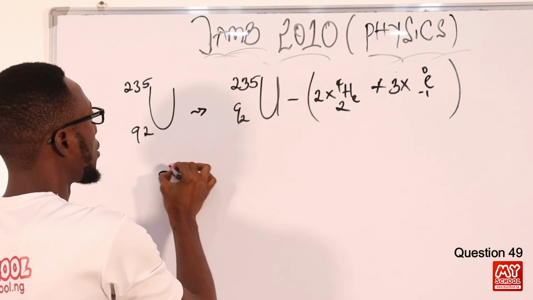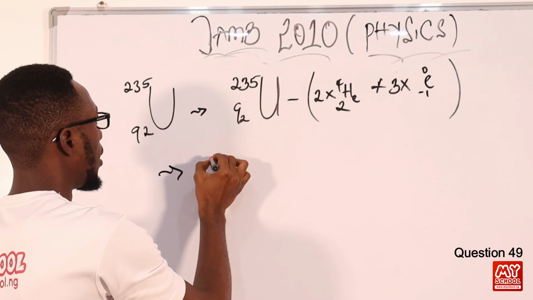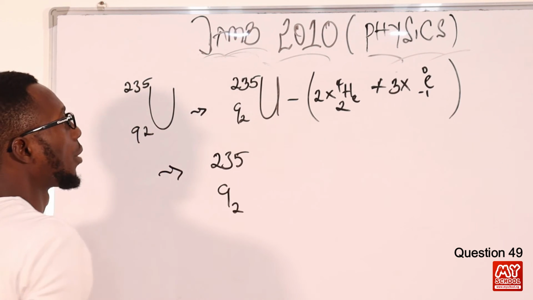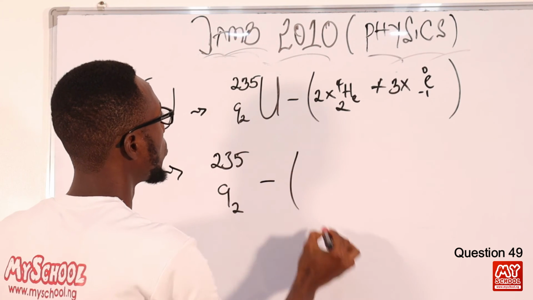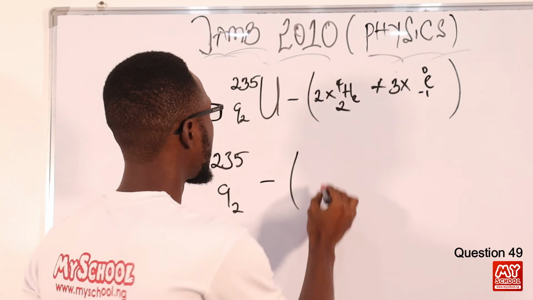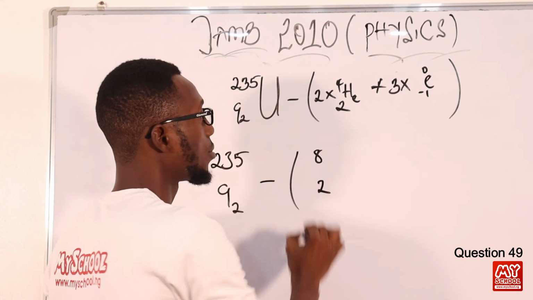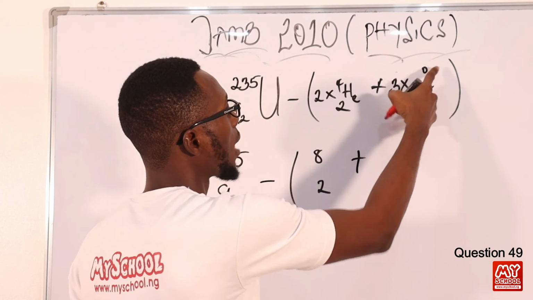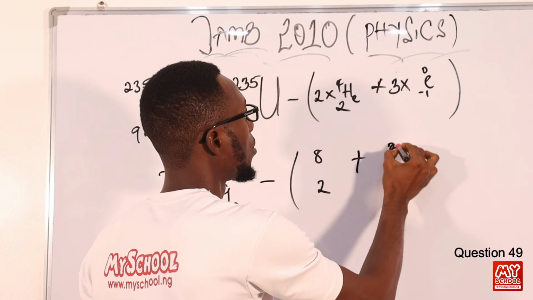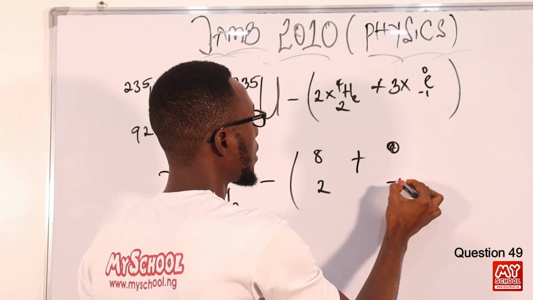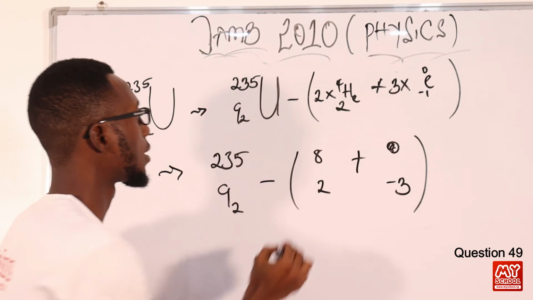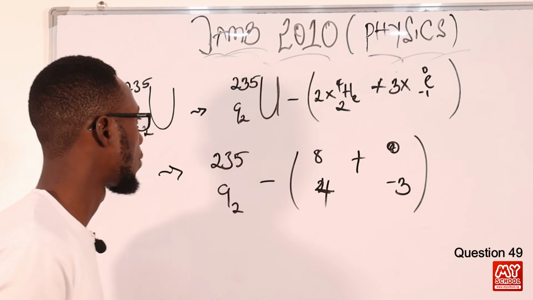So I have minus, open your bracket, 2 times 4, that is 8, then 2 times 2, that is 4, please let's take note of that. Then 3 times 0, that is 0, and 3 times minus 1, that is minus 3.